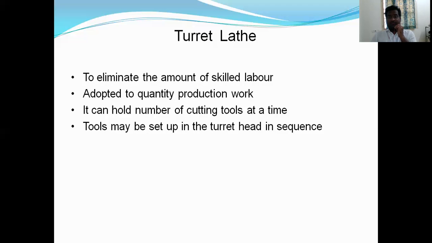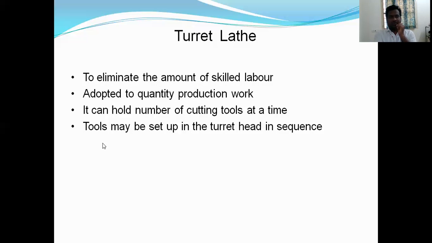And if we want to produce internal threads on the workpiece, we do the tapping operation after reaming. So the sequence in our manufacturing process is turning, drilling, boring, reaming, and tapping operations.